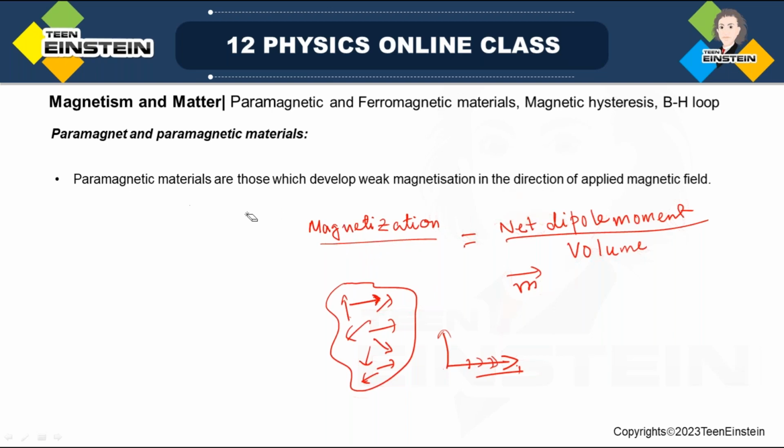Now we'll see that in case of paramagnet, it is opposite compared to the diamagnet. Suppose I have a material where all sorts of orientations of dipoles are there. So I have a very feeble or weak magnetization along a preferred direction.